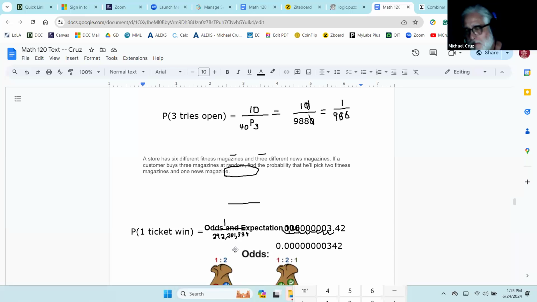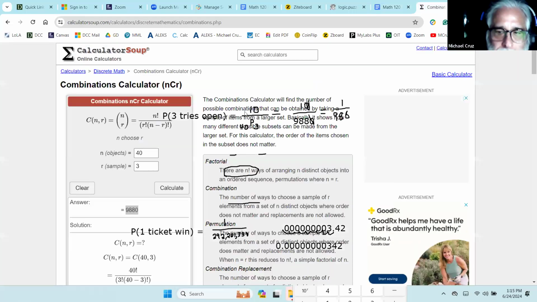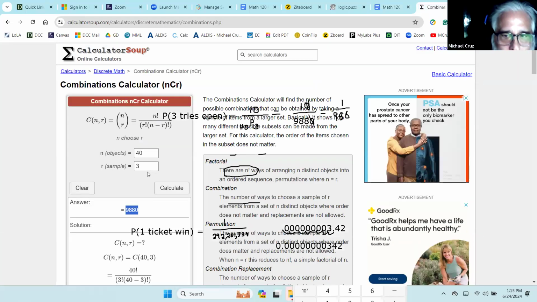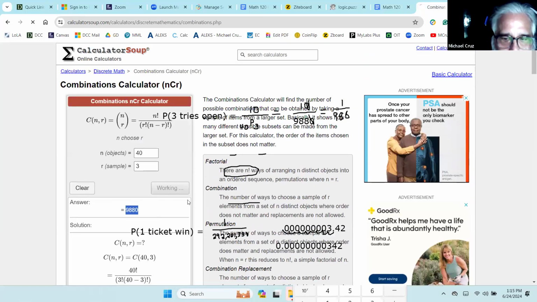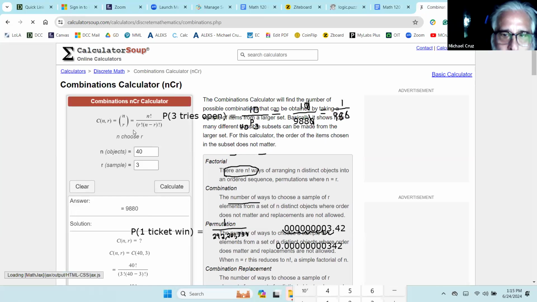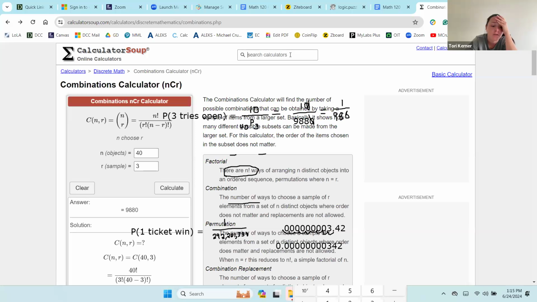Okay. So that permutation lock, whenever I do the 40 permutation 3, I'm coming up with like 52,000. That's probably right. Let me go back and check it. Oh, that's combinations. Okay. Sorry. Well, at the bottom of the problem, it says it's a combination one.